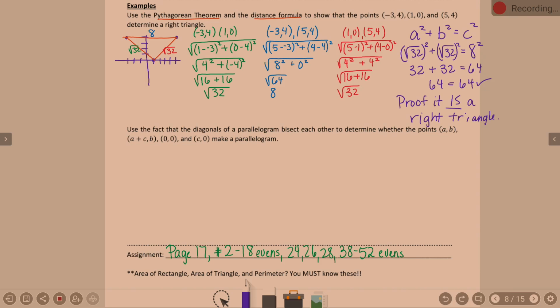So use that fact to determine whether the points A, B, A plus C comma B, 0, 0, and C, 0 make a parallelogram.